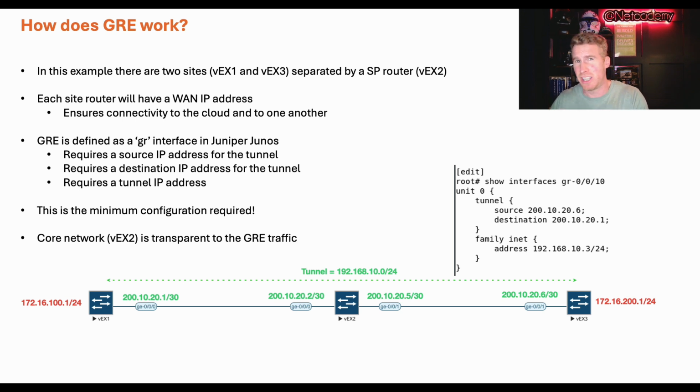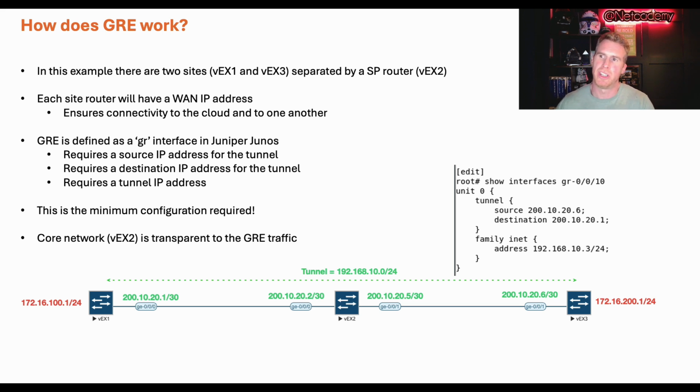To allow that configuration to take place, you've got to have a source IP address and a destination IP address for the tunnel. Because the tunnel is going over the network in between these two different sites, these VEX switches, it needs its own IP address, its own broadcast domain. So we need tunneling information, and that sits on top of those WAN interfaces.